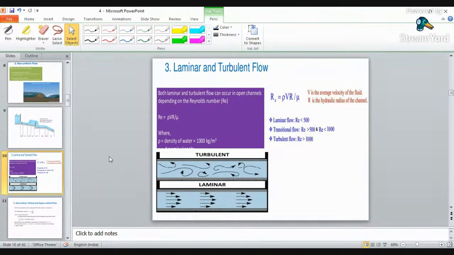But in an open section, we will call it laminar flow when the Reynolds number is 500 or lesser. Then it will be turbulent flow if the Reynolds number is more than 1000. And if your Reynolds number is between 500 and 1000, then we will call it transitional flow.